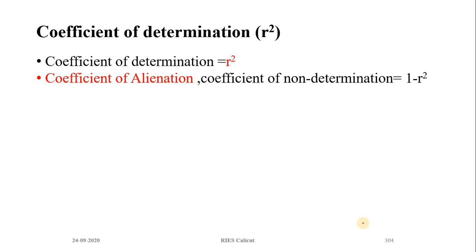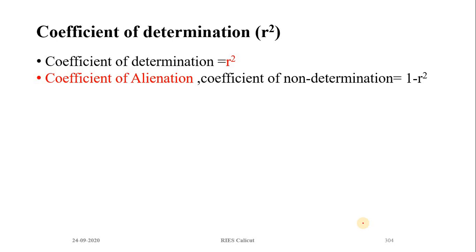So that's all about rank correlation, and we are moving to the last part of the correlation. What is the coefficient of determination? If you have R, the Karl Pearson correlation coefficient, and you multiply this R with one more R, for example if R is equal to 0.5, then R square is 0.5 into 0.5.